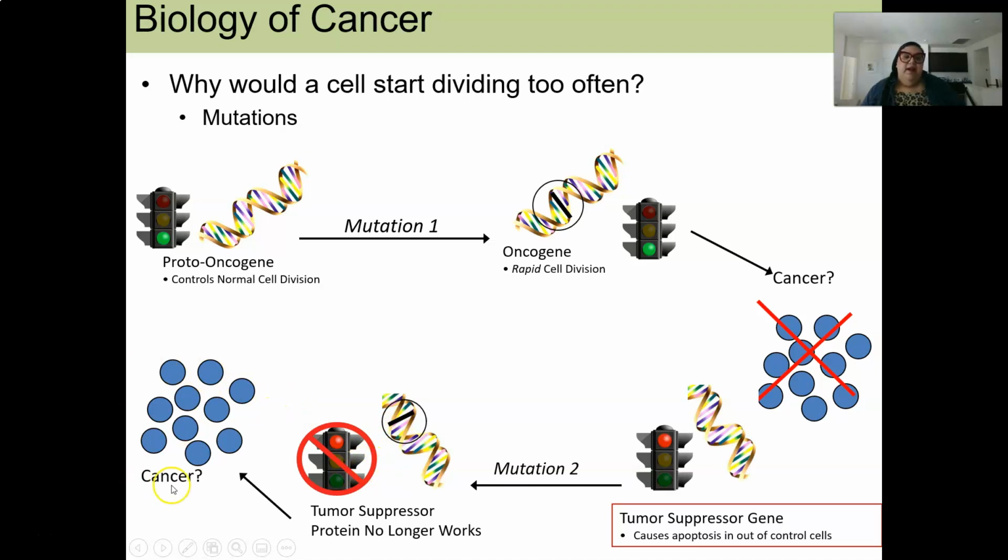And that's where the cancer can grow uncontrollably. So our green light in our cells is turned on and it tells the cell, go ahead and grow. And our backup red light no longer works because it got mutated. And that's where the cancer can grow uncontrollably.